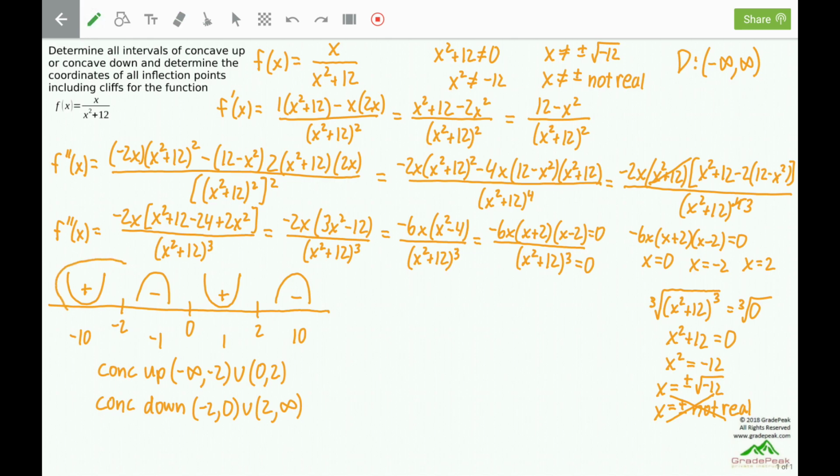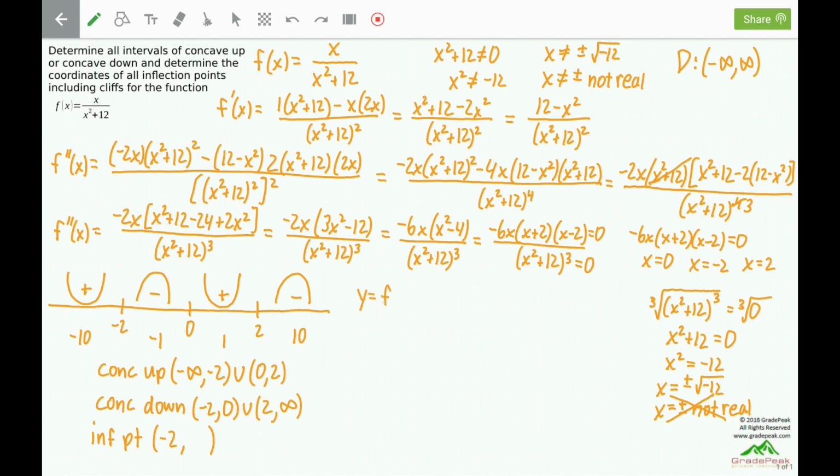Right at the candidate number of x equals negative 2, we have the concavity changing from concave up to concave down. So x equals negative 2 will be an inflection point. So we have an inflection point at an x-coordinate of negative 2, and it will have some corresponding y-coordinate, which can be found by plugging the x-coordinate back into the original function.